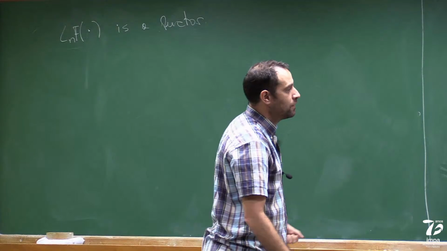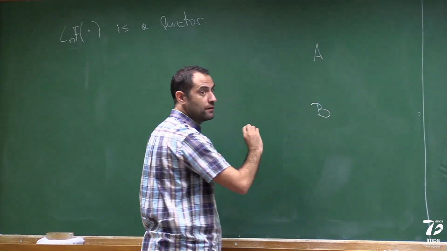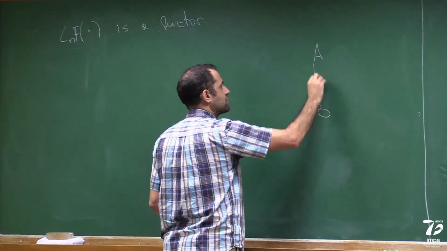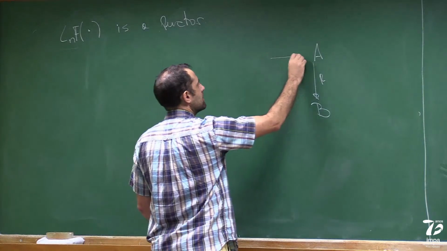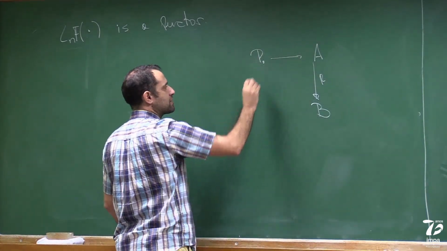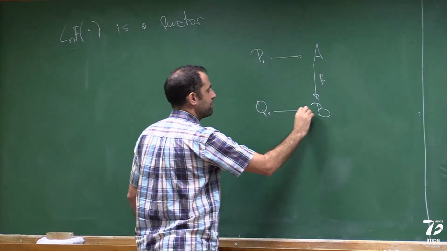Well, you give me A, you give me B in your category, and you give me a morphism. And then again, same business. You choose a projective resolution of A, you choose a projective resolution of B.